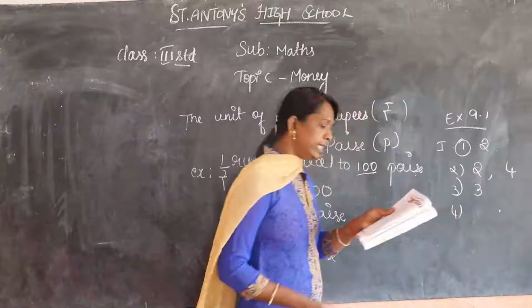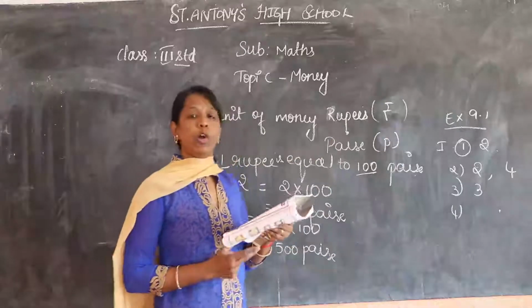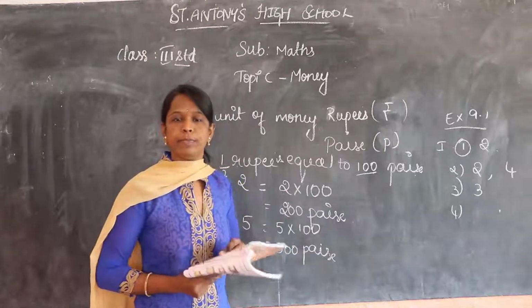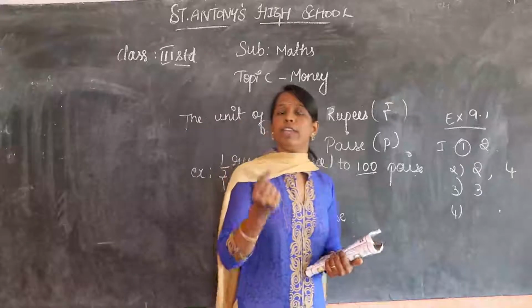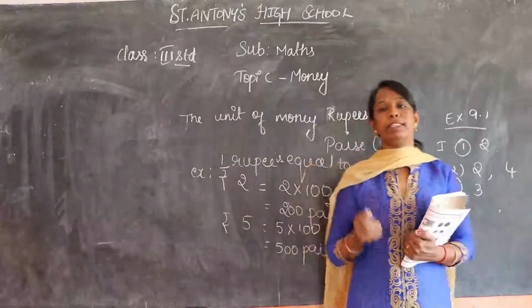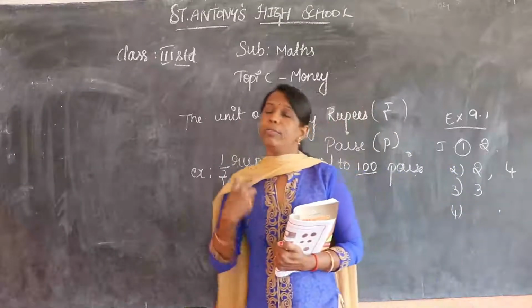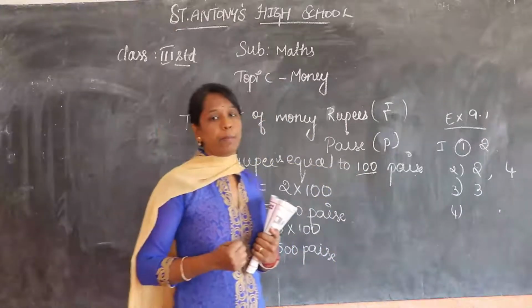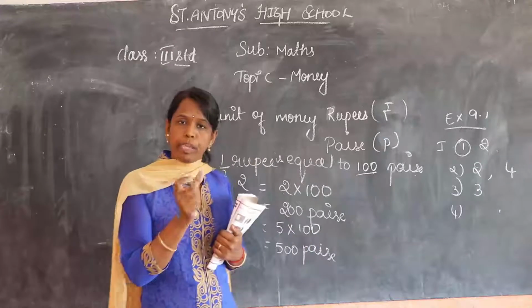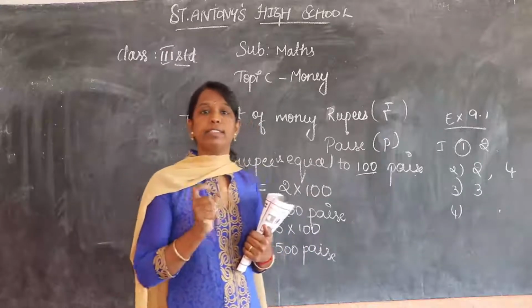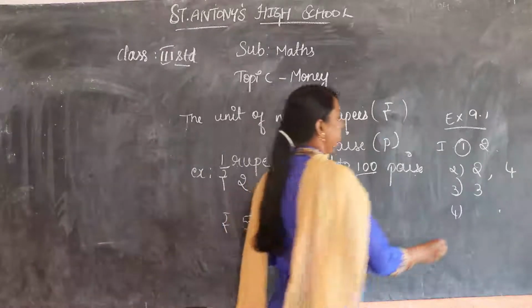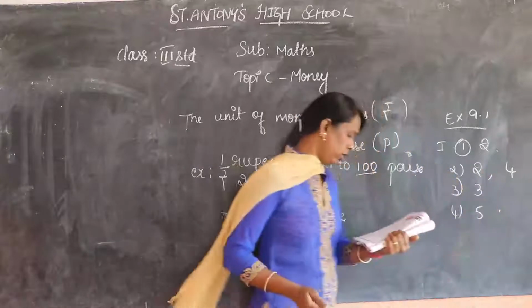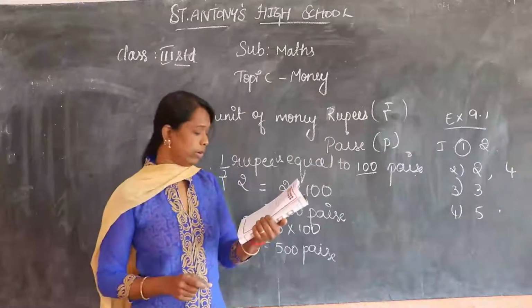Fourth one: there are dash 5 rupee coins in 10 rupees. Usually we buy 1 pencil, and the cost of 1 pencil is 5 rupees. If we take 2 pencils, we give 10 rupees to the shopkeeper. Like that, the 10 rupee note consists of 2 five rupee coins.